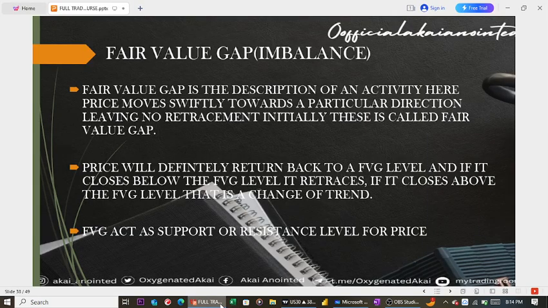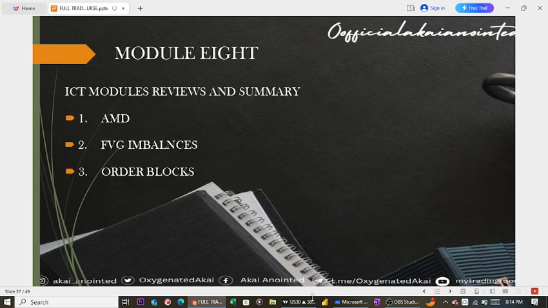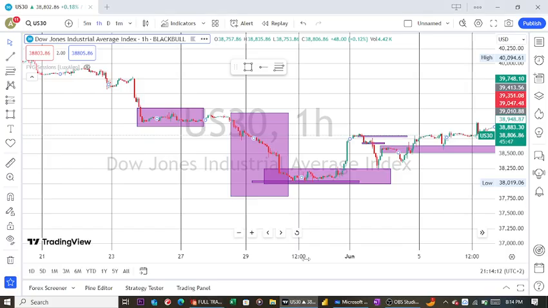So that's all for AMD, and there are simple tips that you don't really need too much to trade.